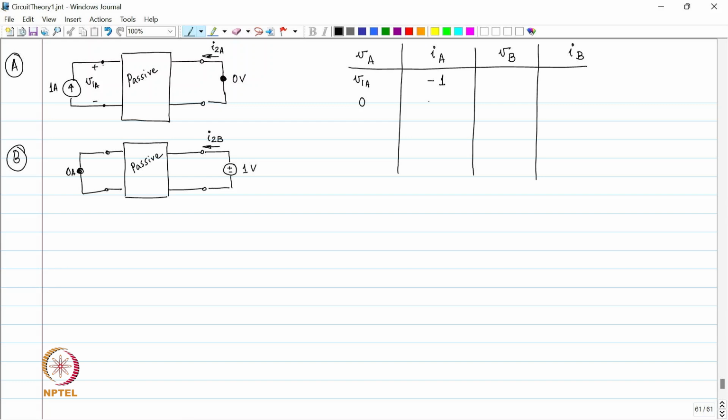Okay. So, let us take the current in the other one. So, let us call the current minus I 2 A. Okay, because in B it is going to be plus 1 volt. So far so good, because I want to make this consistent with the sign of the voltage.